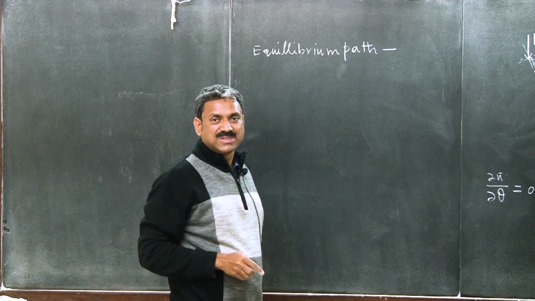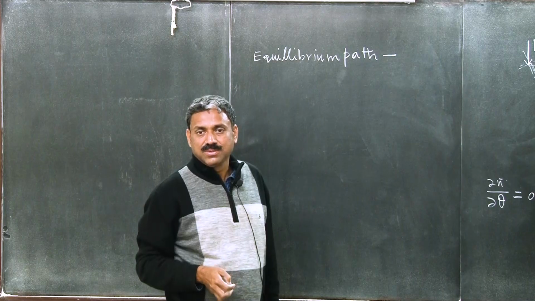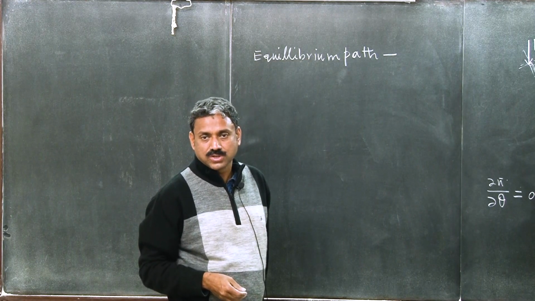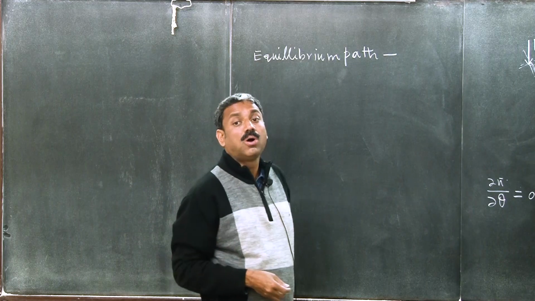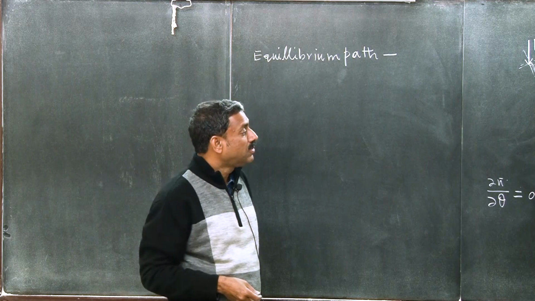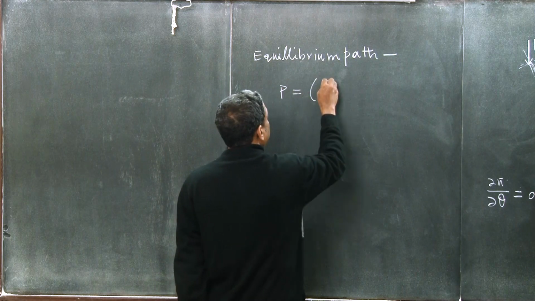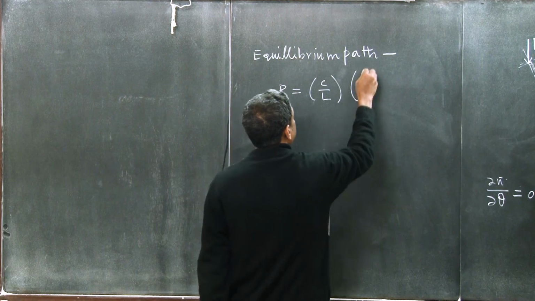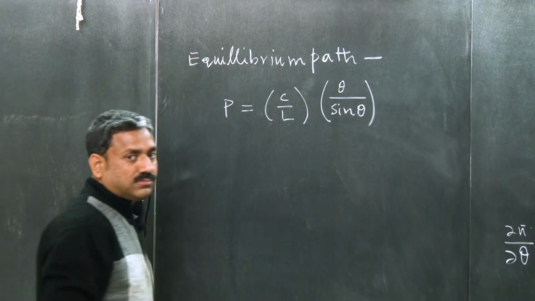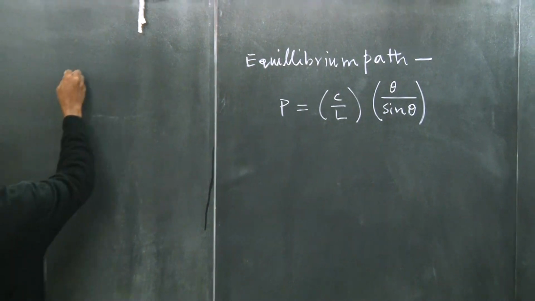If equilibrium has to be satisfied, of course, theta equal to 0 is a fundamental path, because without perturbation it will always remain in equilibrium, theta equal to 0, right. But we are going into an alternate configuration, so that is for non-zero theta. The equilibrium path will be given by C L theta by sin theta, right.